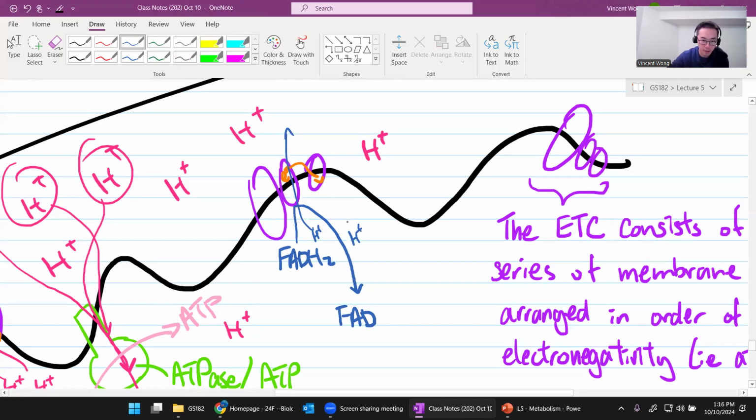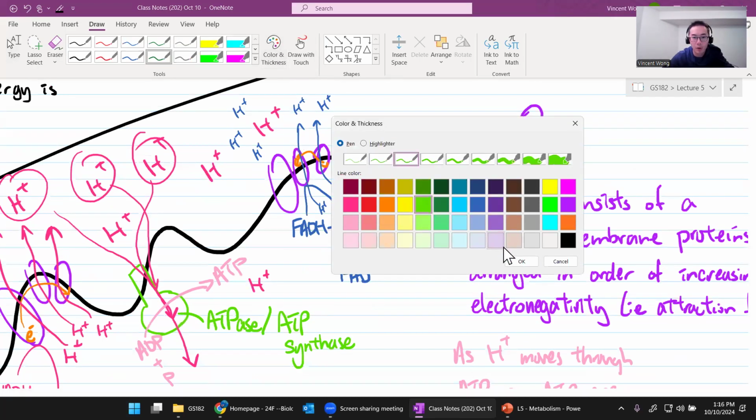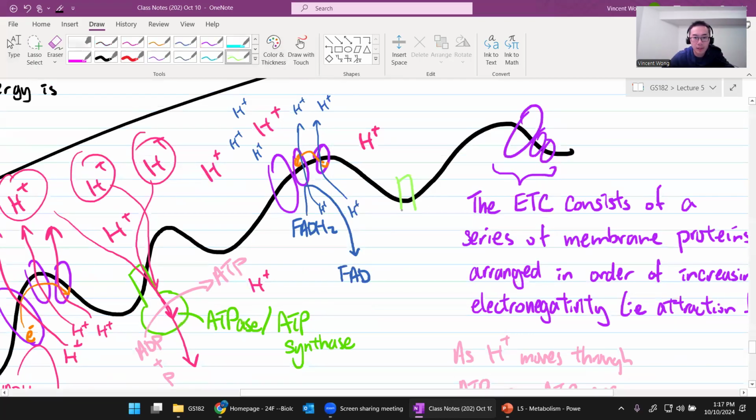It's the same hydrogen as the other ones. I'm just using blue here to make a distinction. So you have a lot of H+ here. And when these come back in through the turbine right here, it will only be producing 2 ATP.